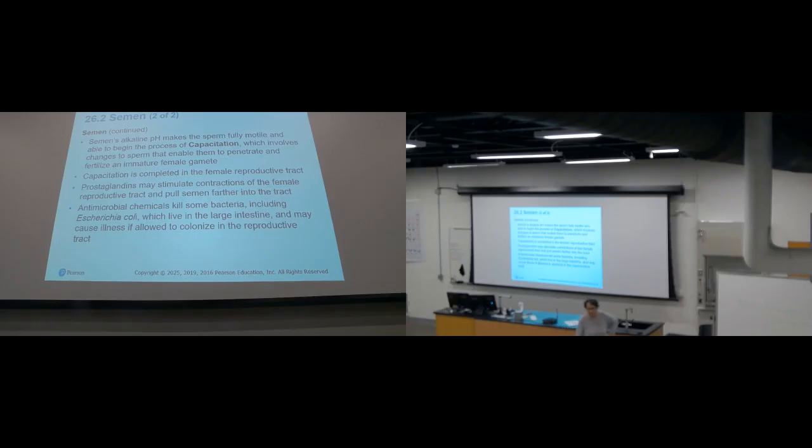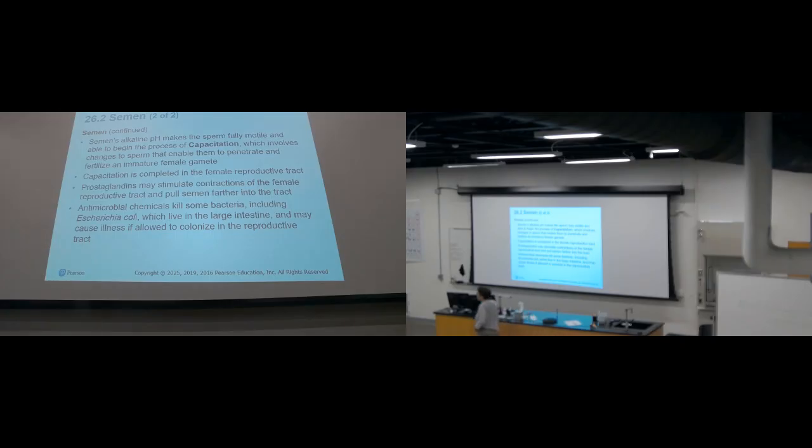Once inside the female reproductive system, the sperm cells undergo a process known as capacitation, which helps the sperm cells to penetrate and fertilize an egg cell.